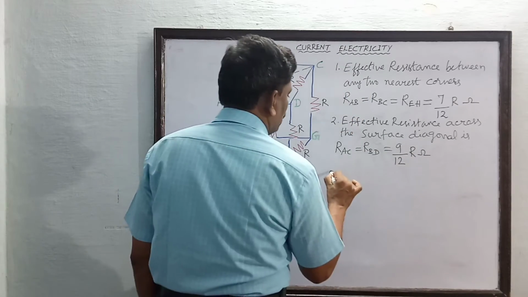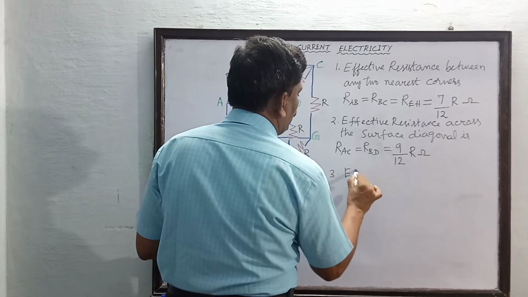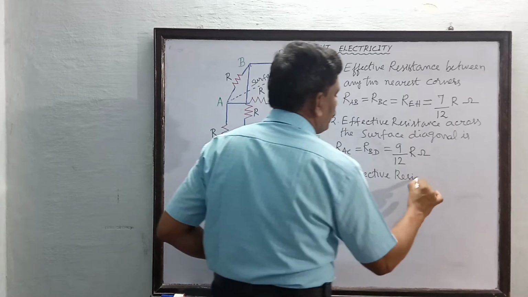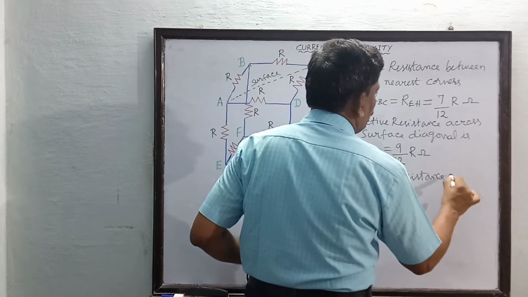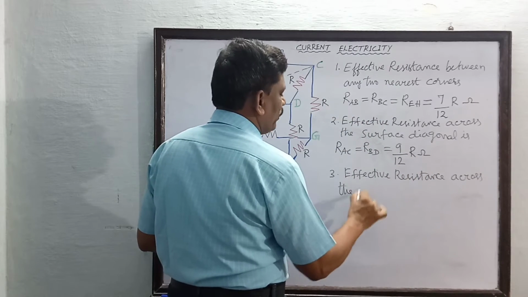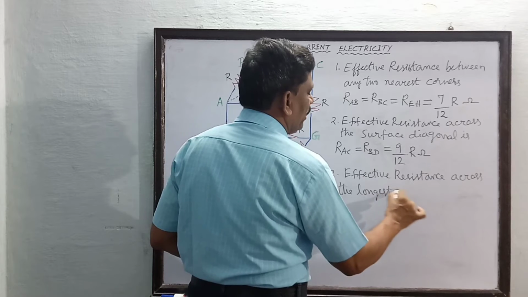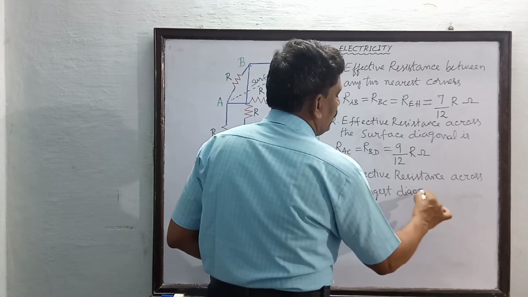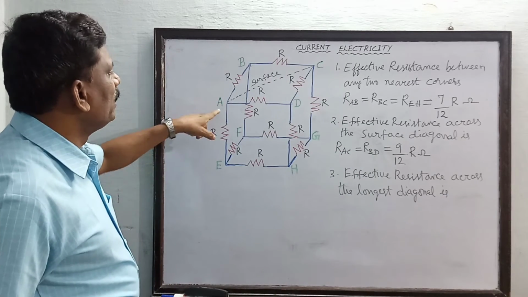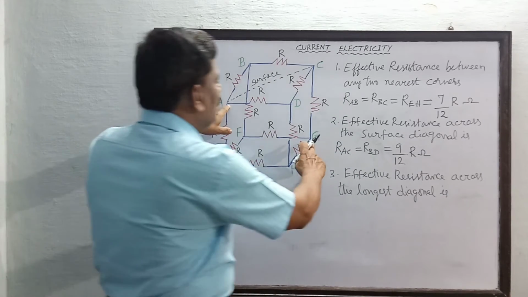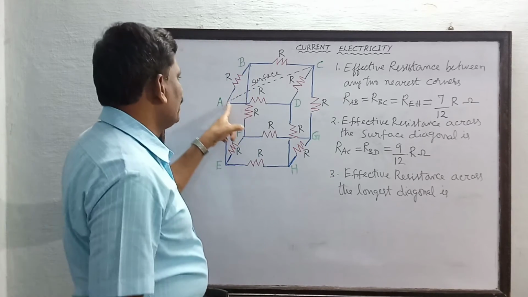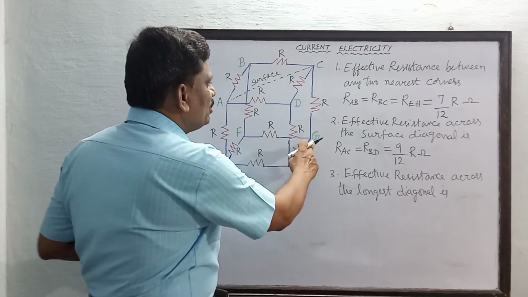Then the third one is the effective resistance across the longest diagonal. For example, in the cube, this corner A is joined with the bottom corner G. A is the corner on top and G is at the bottom.